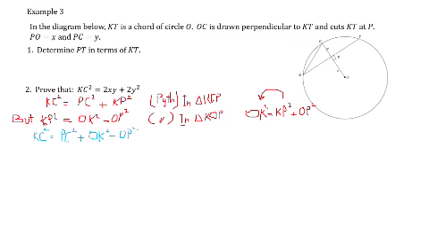So this was the first step. I went from the first step to the next step, and then we said this KP, we are going to replace this KP with this KP over here. So I'm going to replace this KP squared, and I replaced this with OK squared minus OP squared. Okay.